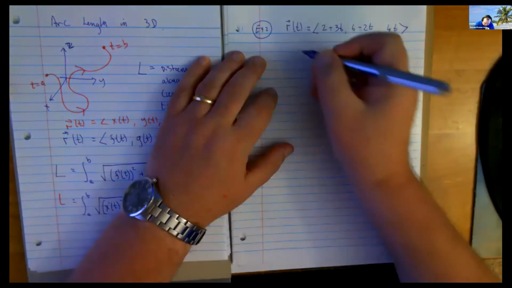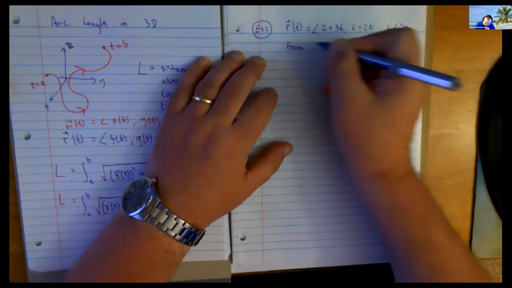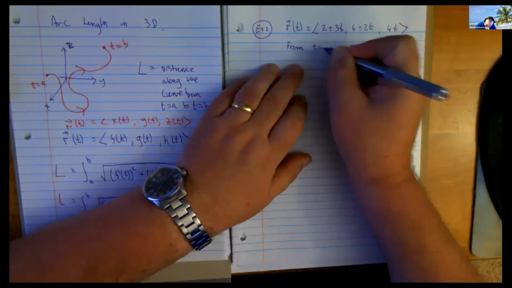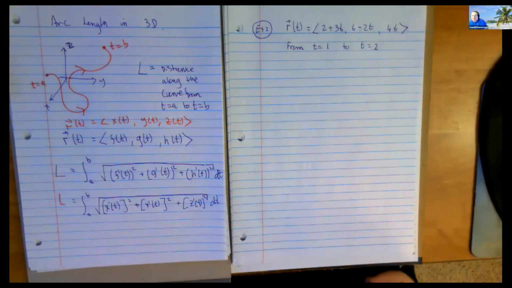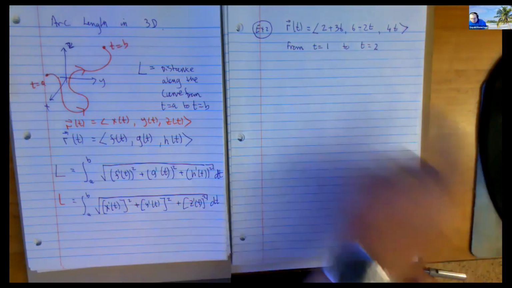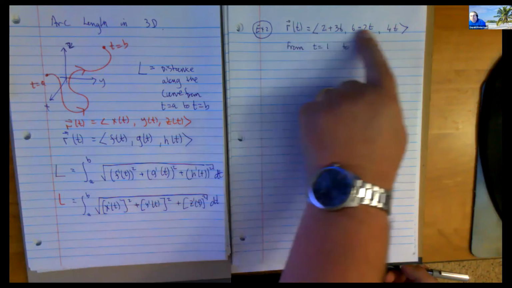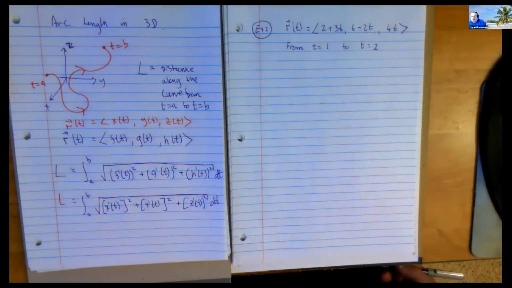And I want to find it from t equals 1 to t equals 2. Okay. Do you recognize this space curve? What shape would that be in 3D? It's a line. Yeah. So you can imagine finding the arc length of a line is basically quite simple, right? So it should come out easy, and it will.